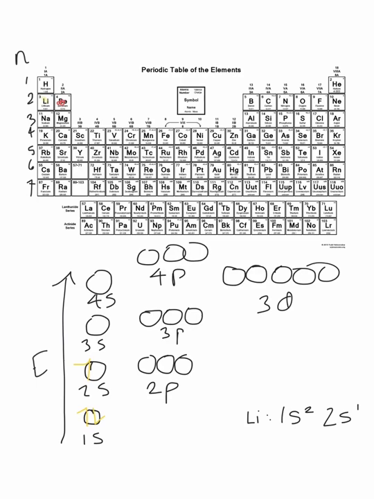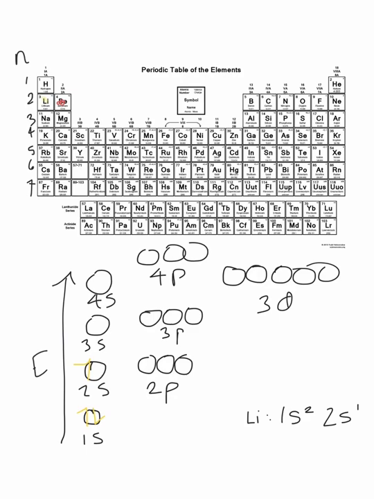We could either put the 4th electron in the 2s and pair it, and that would come at an energetic cost because you would have to put 2 electrons together that want to repulse each other, or we could pay an energetic penalty by putting that electron in the next higher energy sublevel, which would be a 2p.